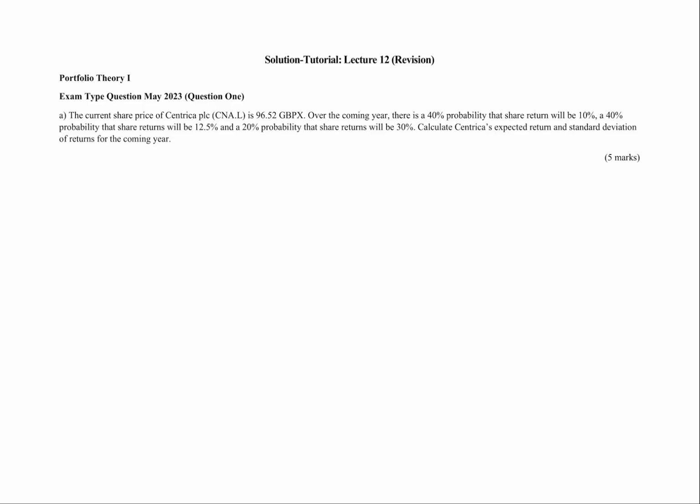The current share price of Centrica is 96.52 GBX. Over the coming year we have a 40% probability that the return of Centrica will be 10%, another 40% probability that the return will be 12.5%, and a 20% probability that the share return will be 30%.